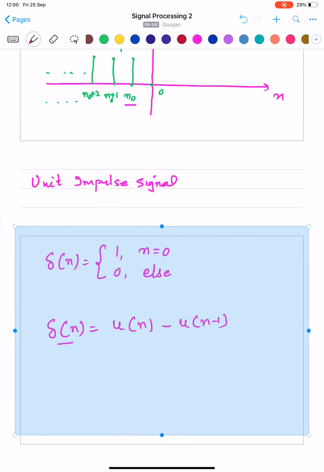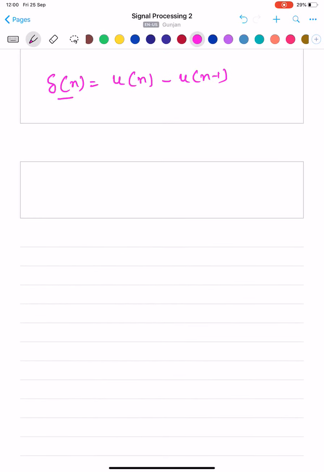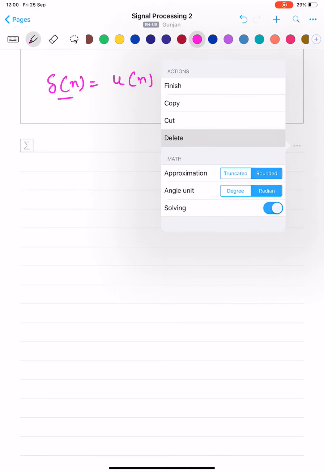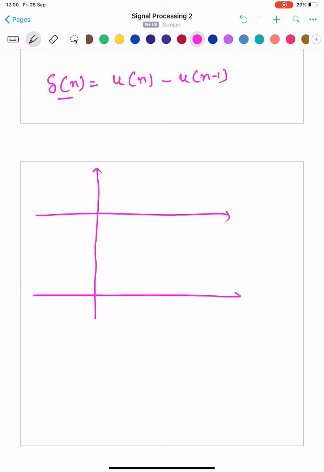I'll show you how you do it. So let's plot both of them, u of n and u of n minus 1. u of n is plotted like this. So if I have to plot on n, this is u of n, and let's say this is u of n minus 1.